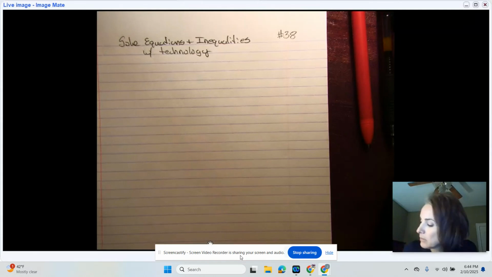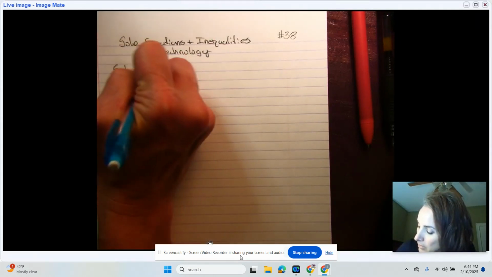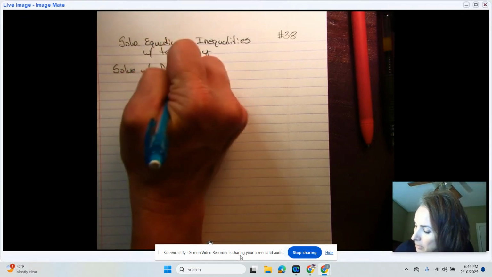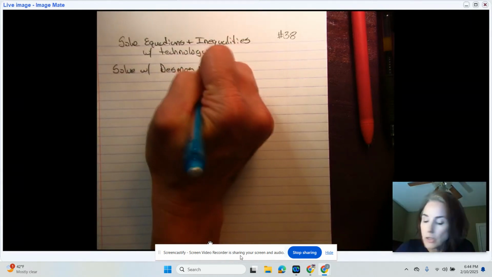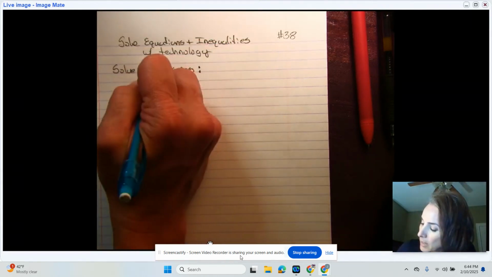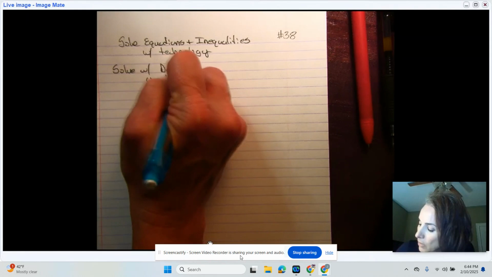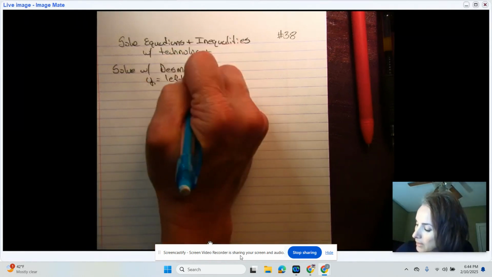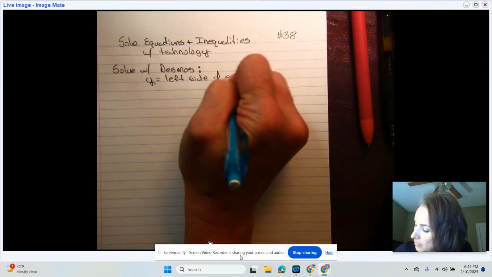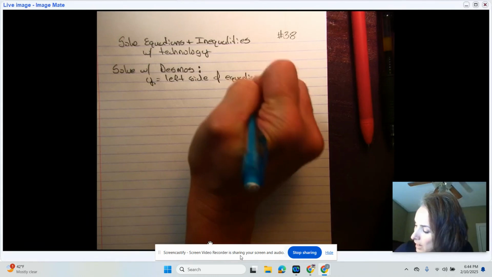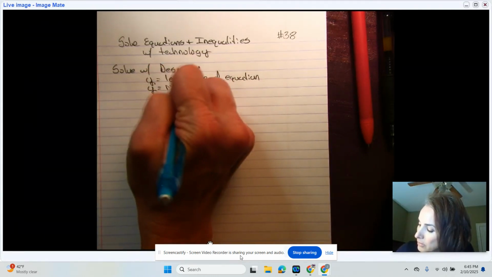To solve with Desmos, www.desmos.com, we're going to basically do the same thing, except we're going to set y equals the left side of the equation, and then y equals the right side of the equation.